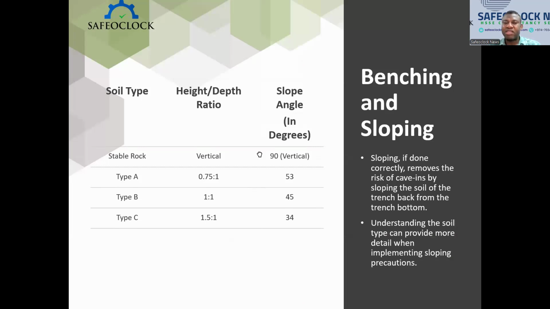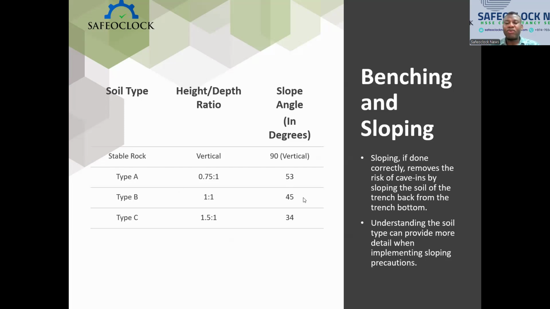Like the name means, it means excavating in consideration of an angle. And this has to do with the type of soil. We looked at the types of soil. The type of soil will determine the angle of your slope during the excavation. So if that soil is type A, then your slope can be 53 degrees. But if it's stable rock, then you can maintain a 90 degrees excavation.